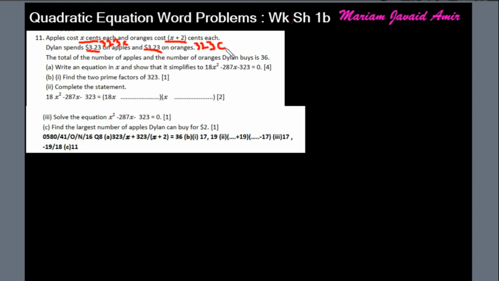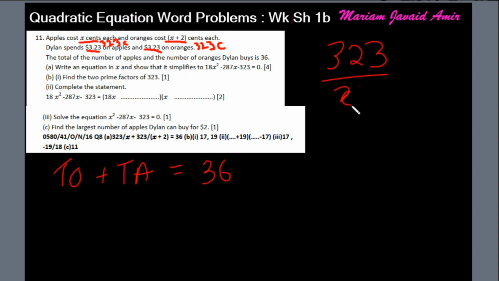Alright, next is the total number of apples and total number of oranges Dylan buys is 36. Now how many oranges did he buy? He spent 323 cents on oranges and each orange cost x plus 2.